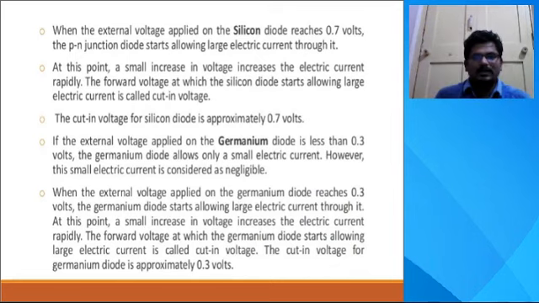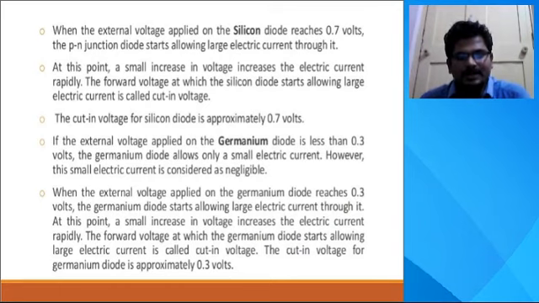So when the external voltage applied to the silicon diode reaches 0.7 volts, the PN junction starts allowing a large electric current through it. This 0.7 volts is nothing but the energy required for the electrons to break the junction barrier of the diode.